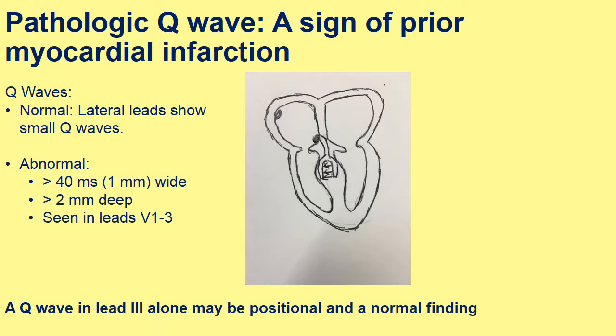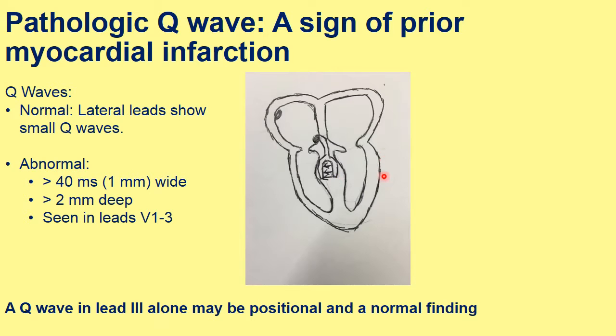Now let's talk about something called pathological Q wave. Remember, I said Q wave can be normal. Q wave can be normal in the leads that look at the left ventricle, because they pick up the first septal wave of depolarization.